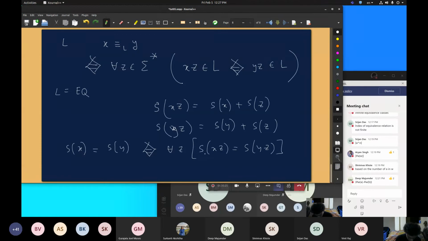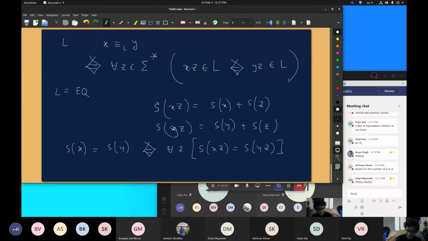Okay. So now if this value is 0, then both XZ and YZ are in L. If this value is non-zero, neither of them is in L. So this condition holds.